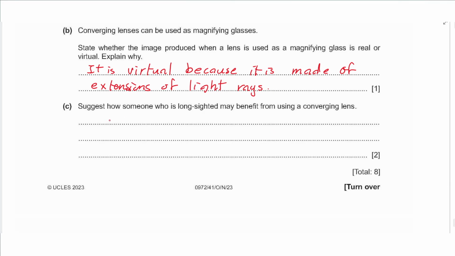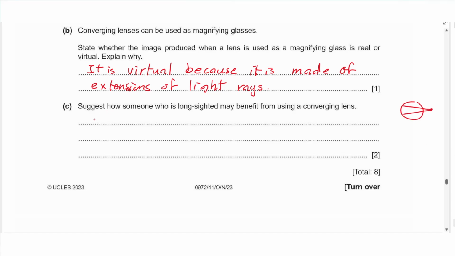Question C says, suggest how someone who is long-sighted may benefit from using a converging lens. So since the answer to that problem is a converging lens, it brings rays closer together or converges them with a greater angle, which means that they do not converge correctly at first. So they go far behind the retina.